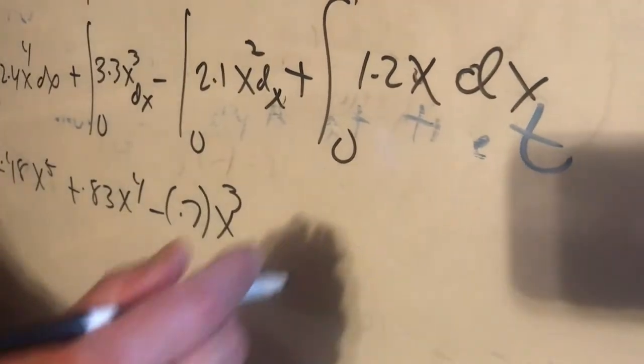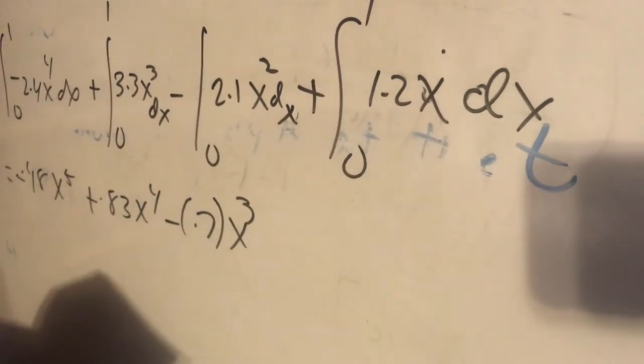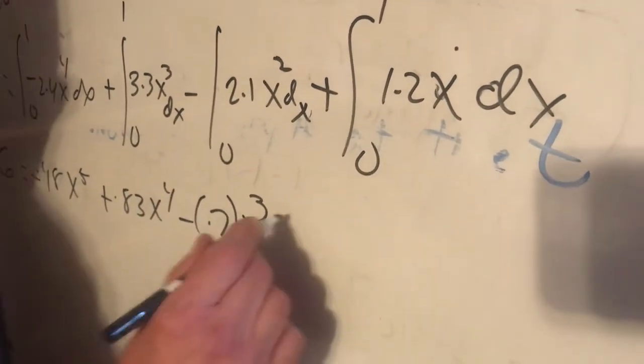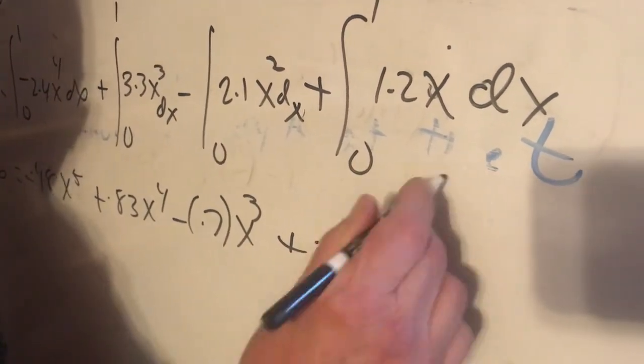By the way, this is supposed to be x squared. Oh no, that becomes x squared now. I'm sorry, it's my fault. Plus 0.6x squared between 0 and 1.